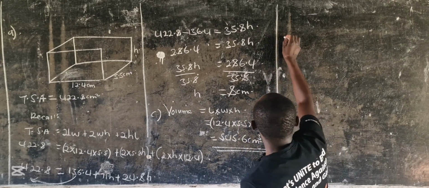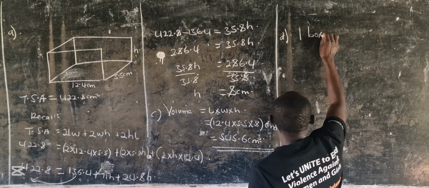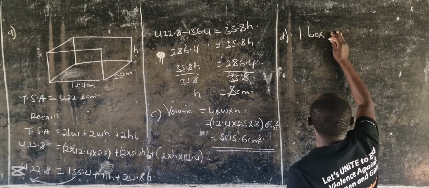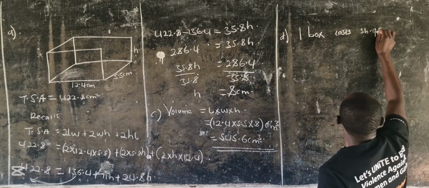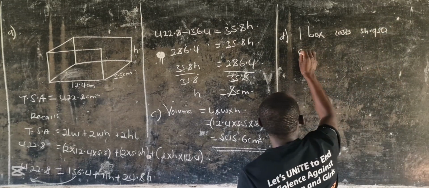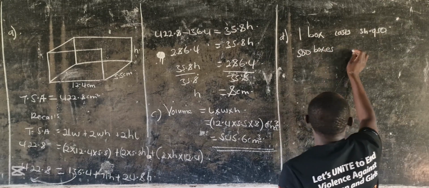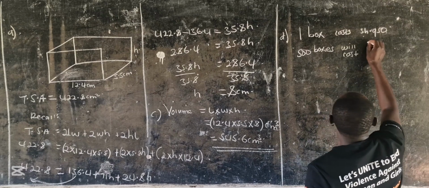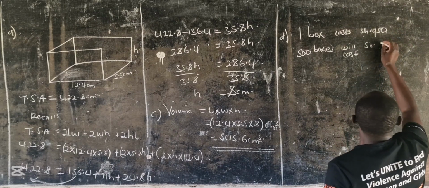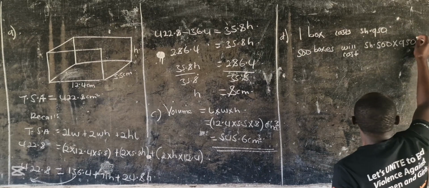So in part D, we shall say one box costs shillings 950. How about now the 500 boxes? Because this person is tasked to come up with 500 boxes. So it will be now 500 times 950.